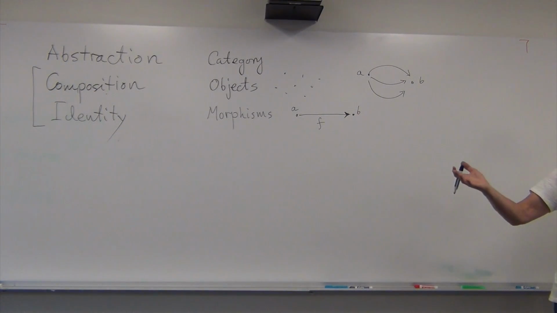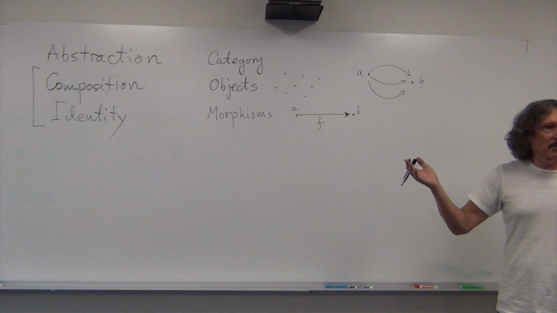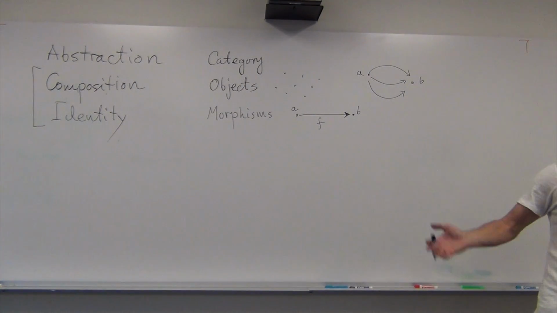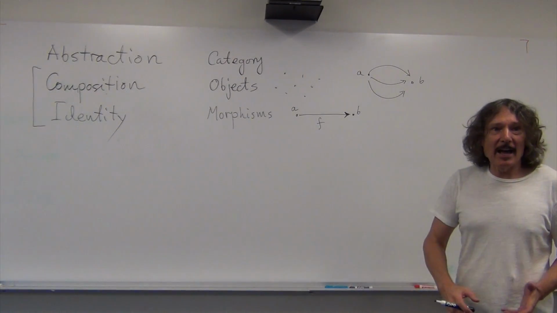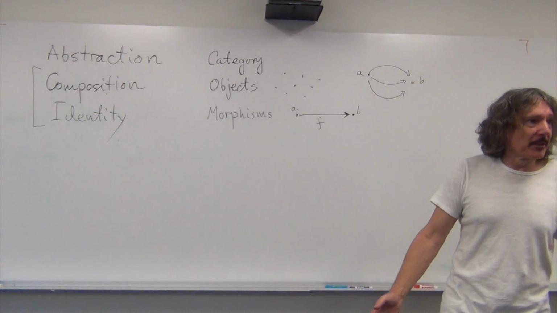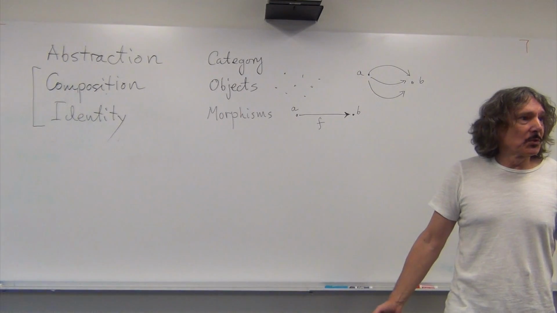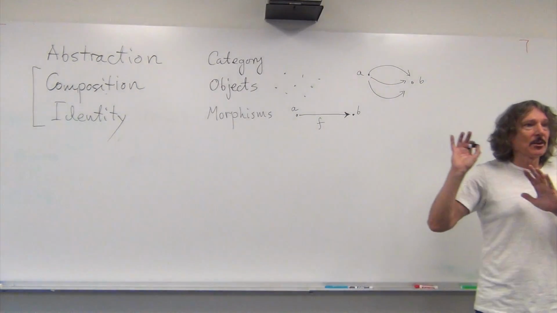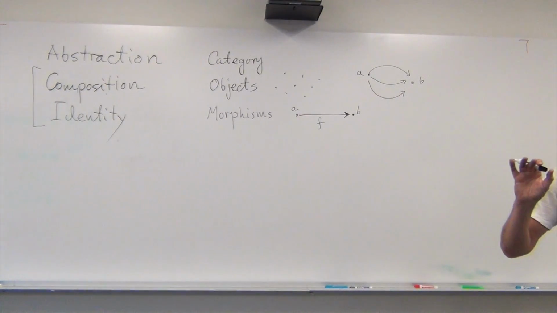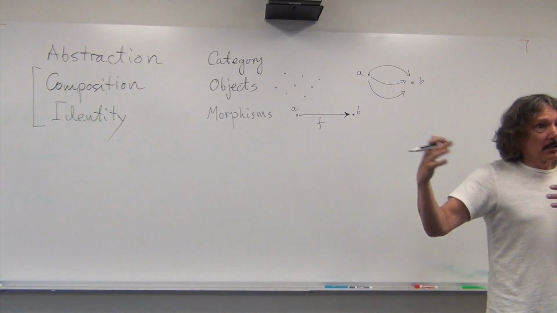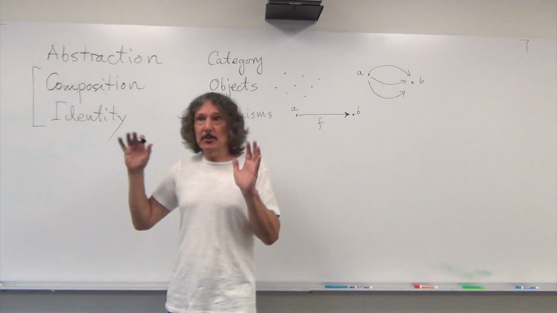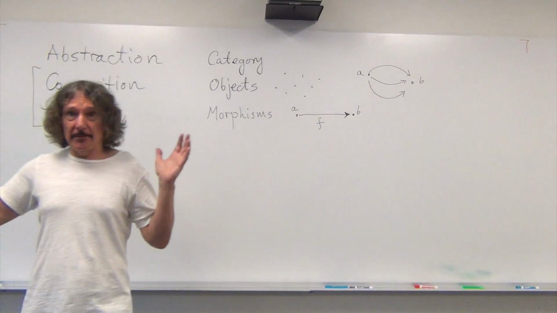Some objects are not connected with arrows, other objects are connected with one arrow, other objects are connected with infinitely many arrows, could be an uncountable number of arrows going between two objects, okay? So if you have an idea that the category is sort of like a graph, that's a good idea, except that you have to be open-minded about what a graph is.